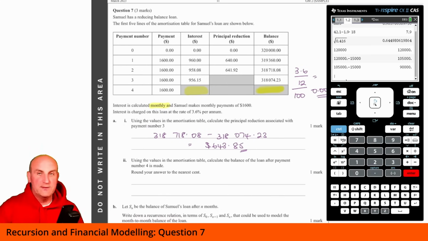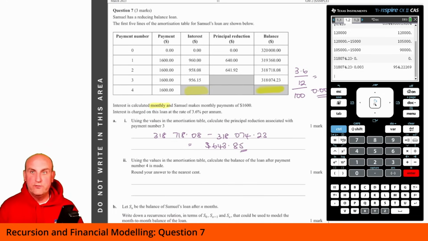So let's turn my calculator back on. So let's put that in there. So what have I got here? I've got 318,074.23 times it by 0.003, I think it was. Try that one again. 0.003 gives me $954.22. So I always tend to write that in.